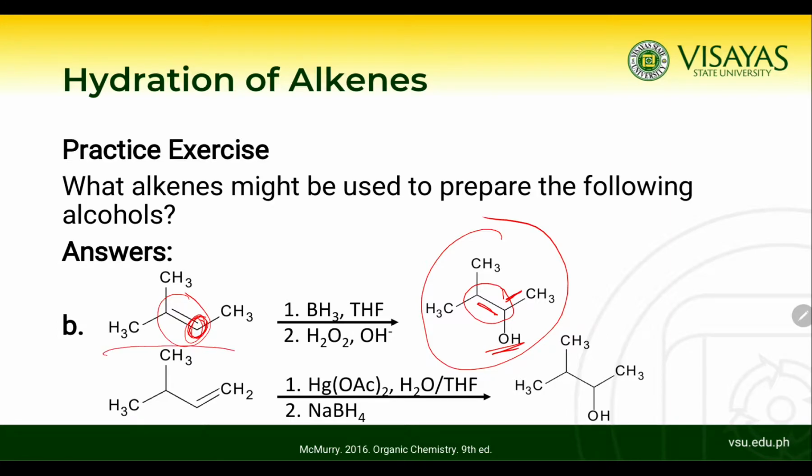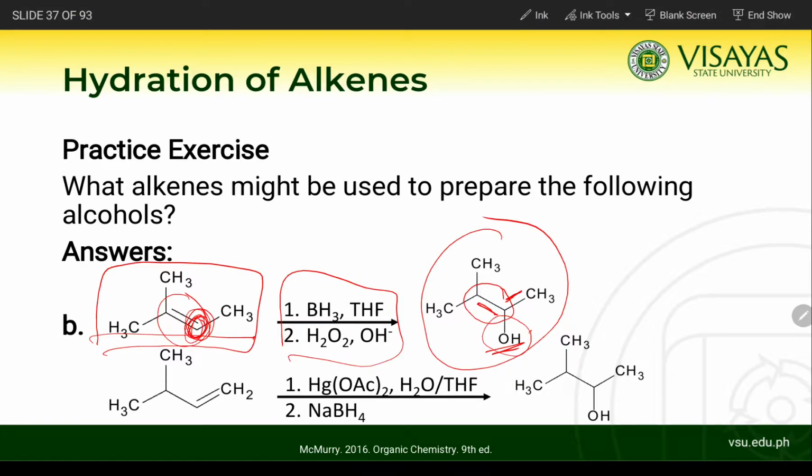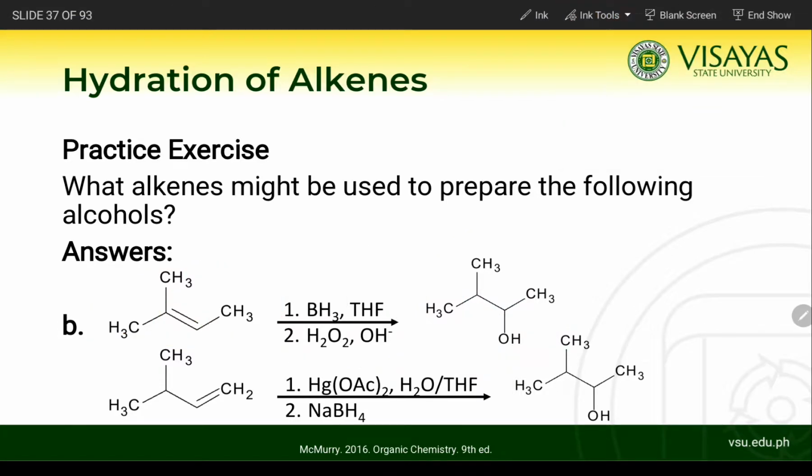So for our starting alkene, we should use the hydroboration oxidation reagents to form the OH, no? So when we have this alkene, the OH will bond to this carbon atom here because it is less substituted, no? When we use the hydroboration oxidation reagents. Okay, got it.